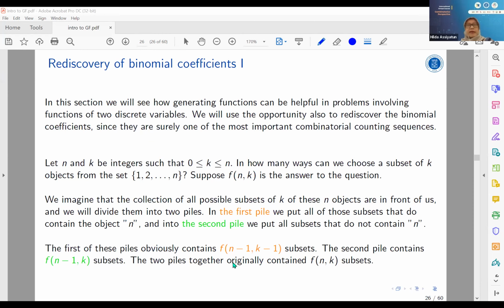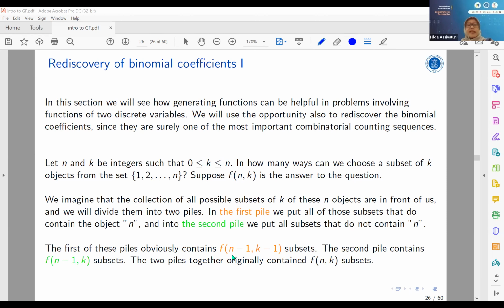If you erase n from each subset, we will end up with a subset of size k-1 from n-1 objects. Okay, agree.